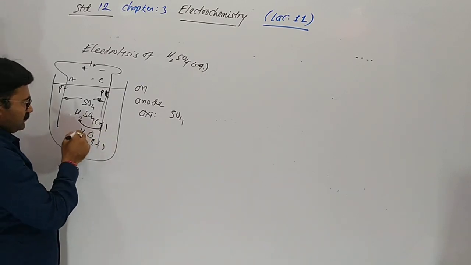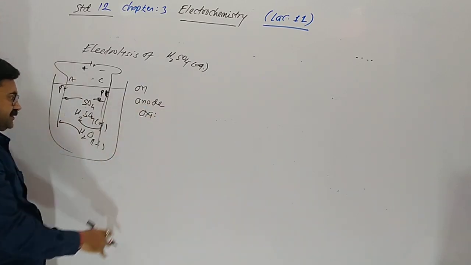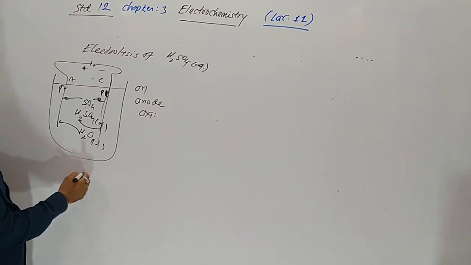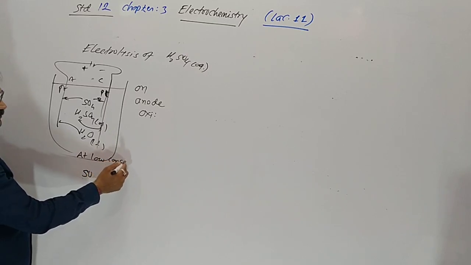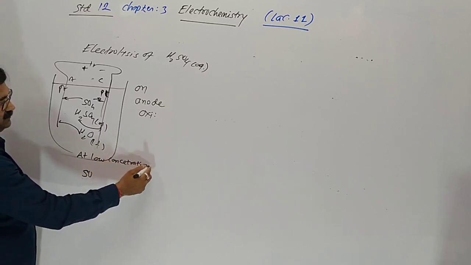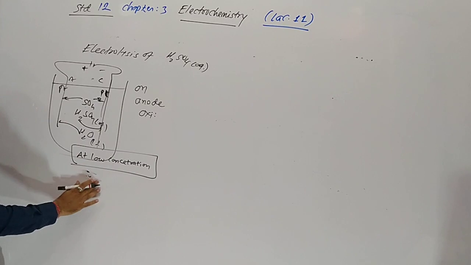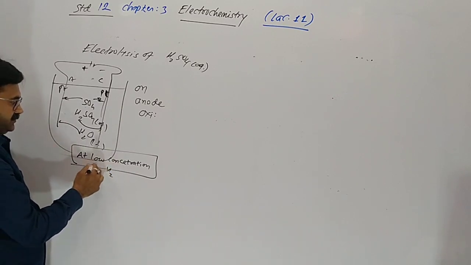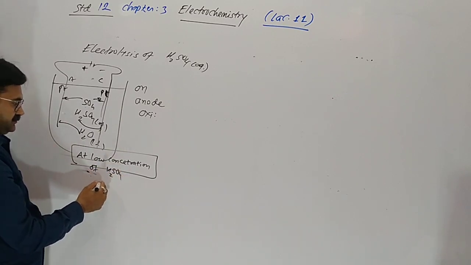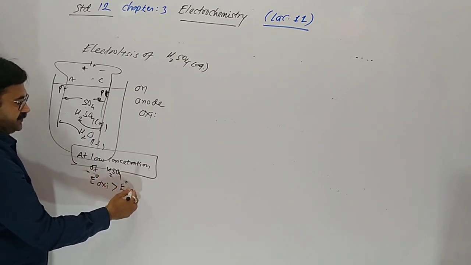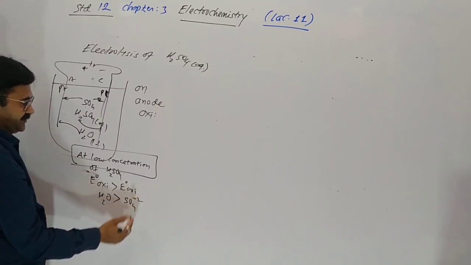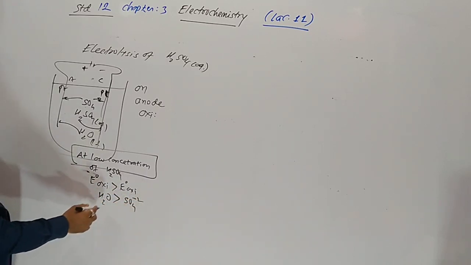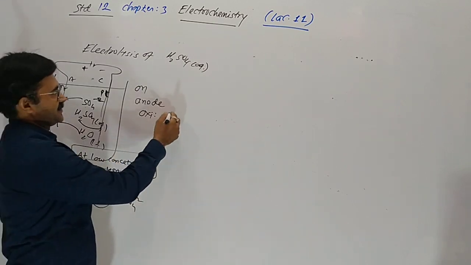Water experiences oxidation at low concentration. Remember, store in your mind. At low concentration of sulfuric acid, the oxidation potential of water is higher than sulfate. So water experiences oxidation.